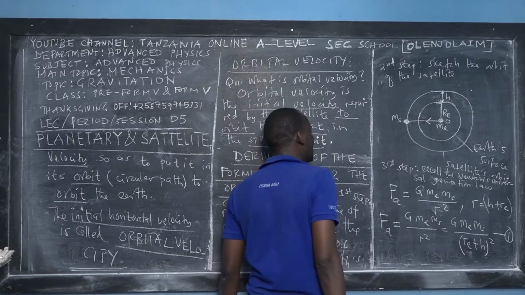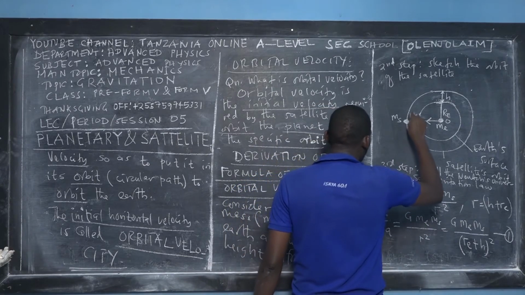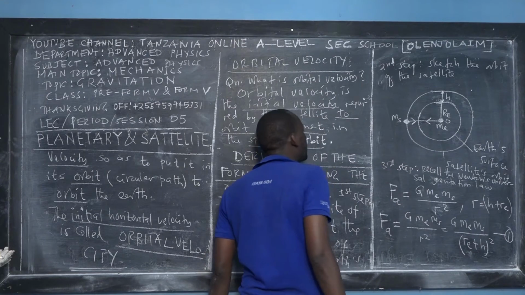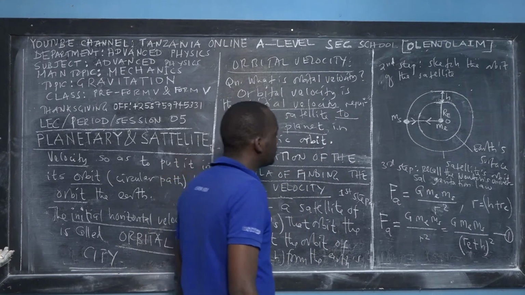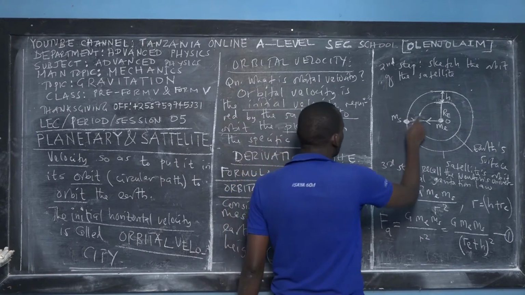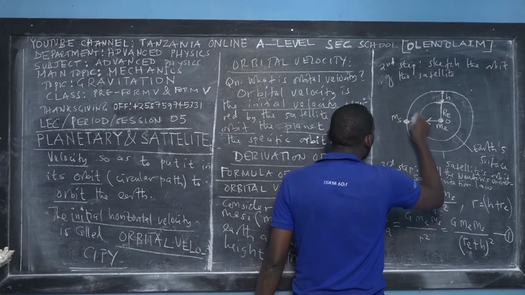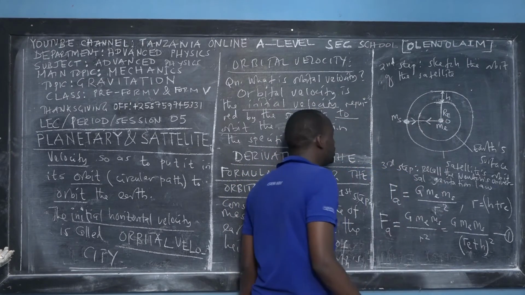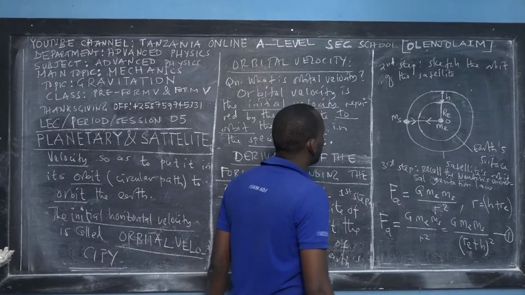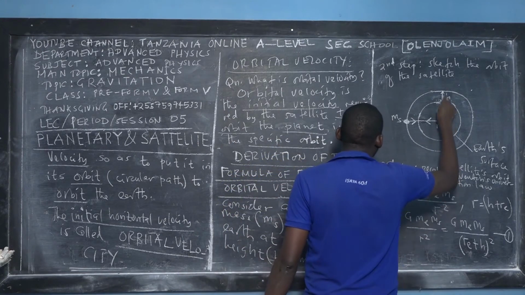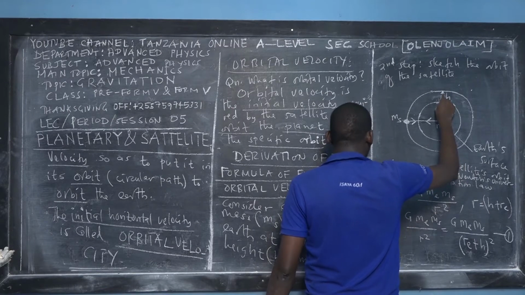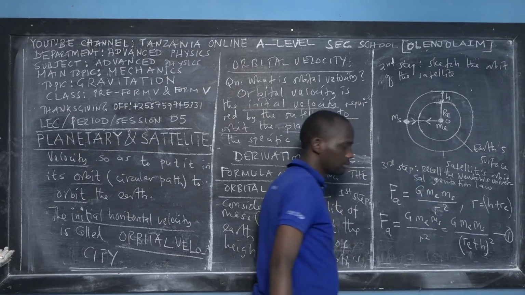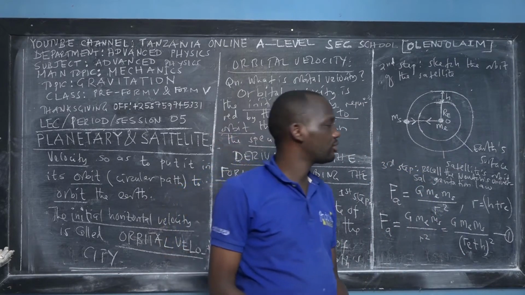The satellite is attracting the Earth, and also the Earth is attracting the satellite. So the distance between these two bodies is the radius of the Earth, from here to here, plus the height where we place the satellite, from the Earth's surface to here. Right? So that's the first equation.